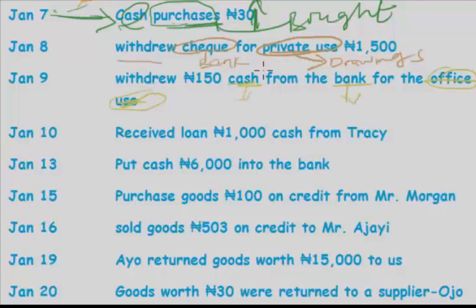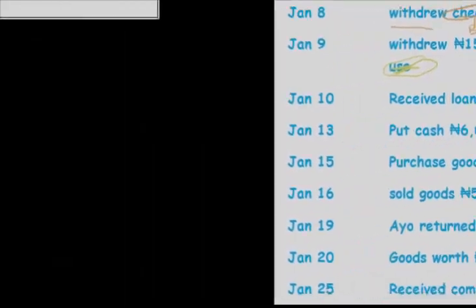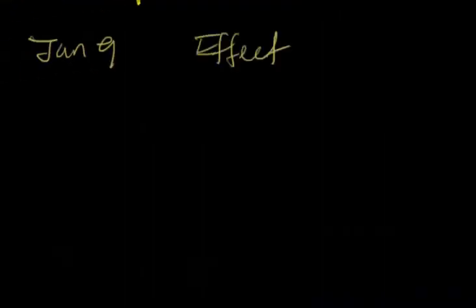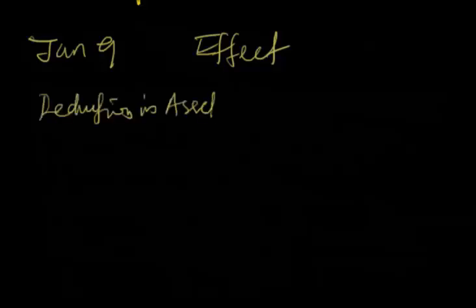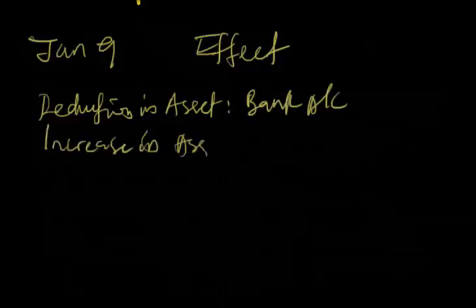We drew cash from the bank, so the assets in the bank is reducing and the assets in form of cash is increasing. Effects. There's a reduction in assets, that's the bank account, and there is an increase in assets, that's in form of cash account.